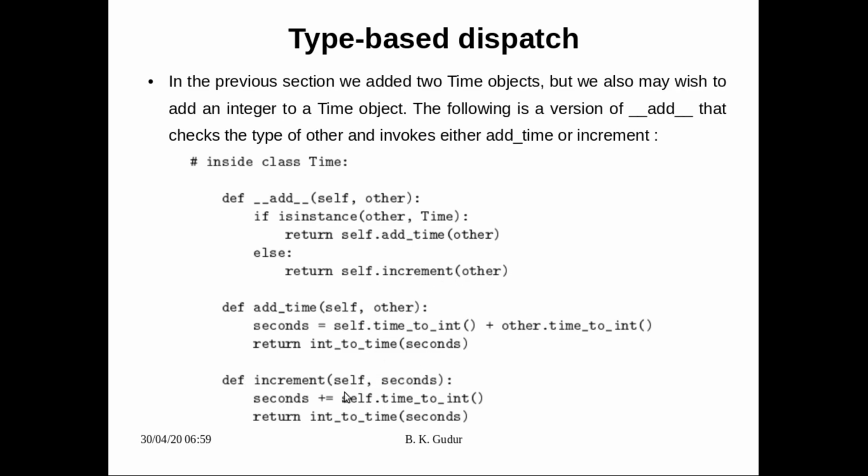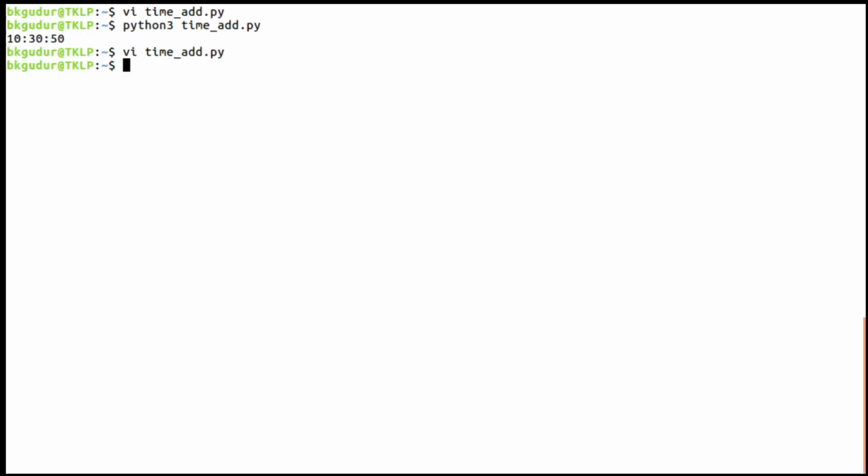It will convert this self time object to a number of seconds, which will be added to the given seconds. The total seconds will be later converted using the function int_to_time, right? So before we proceed further, let me execute this, see the output, and later we'll discuss.